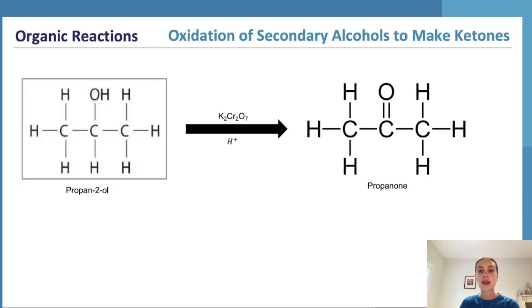So in the acidified potassium dichromate oxidation process, this is only a one-step process for a secondary alcohol, resulting in the production of a ketone. We don't have one for the tertiary alcohols because they can't be oxidized.